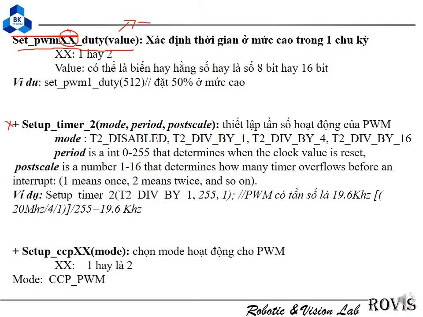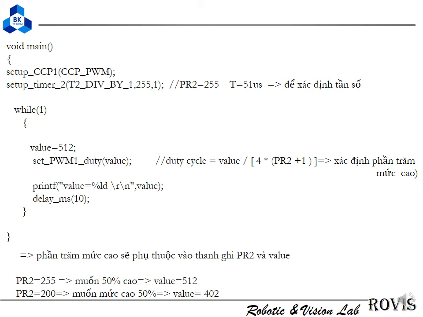Another is we set up timer 2 mode. This one is for the prescaler, and this one for the PR2, the period, and the postscale we use 1 here. And this one is we activate the PWM mode.